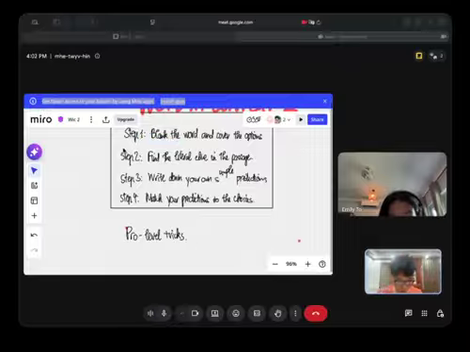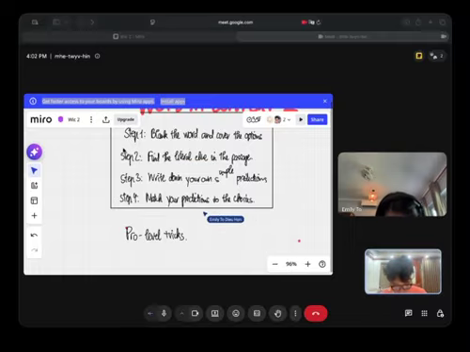This board is very convenient because you can also interact with it. Whenever I ask you to do a math question, you can solve it on the board directly.